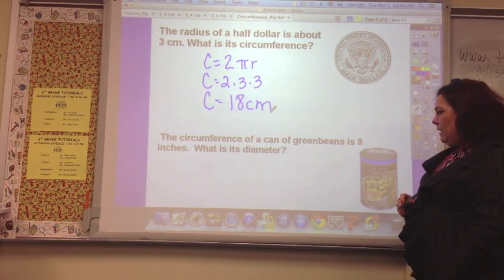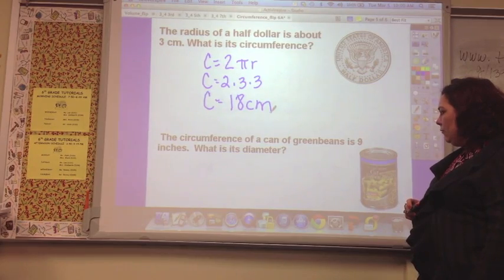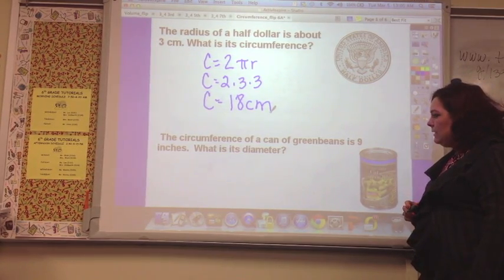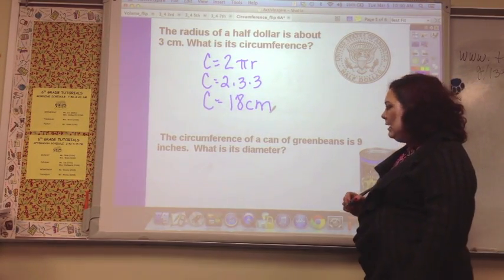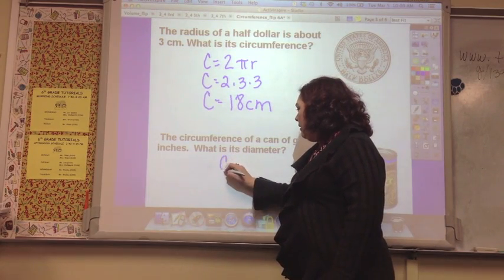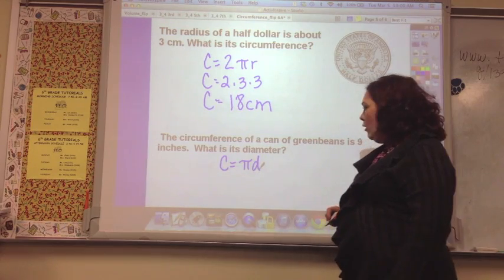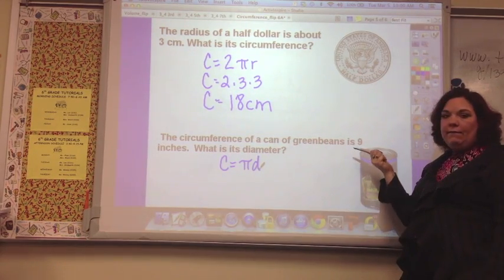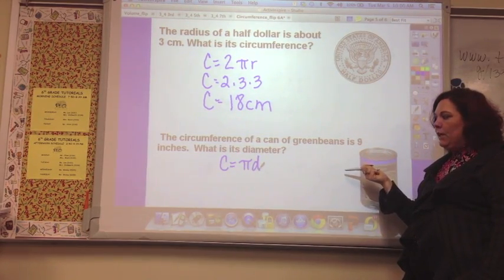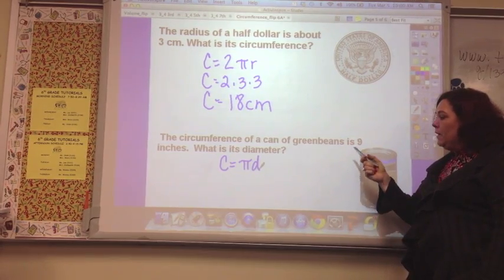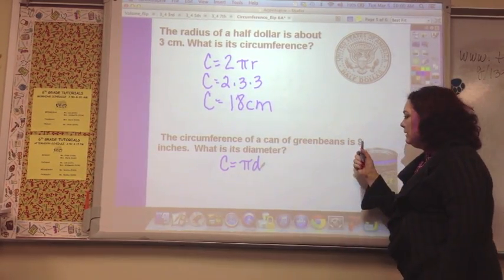So, and this is the circumference of a can of green beans is 9 inches. What is its diameter? So this time I'm going to use C equals pi d as my formula. But this time I'm not given my diameter. I'm looking for my diameter, so I need to put in what I know. It says my circumference is 9.